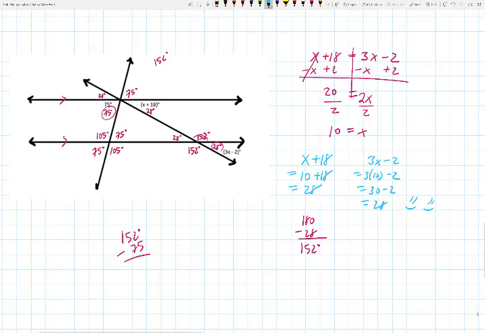So now if you like the triangle method better, because you don't have to split angles and such, you can look at that triangle there, and you can say, hey, I've already got 75 plus 28 degrees in my triangle, so I've already got 103 degrees, so that means that there are 77 left. 180 minus 103 gives you 77 left for that there.